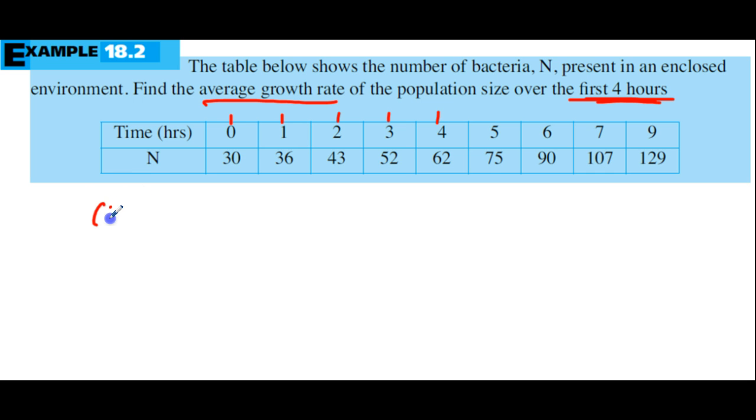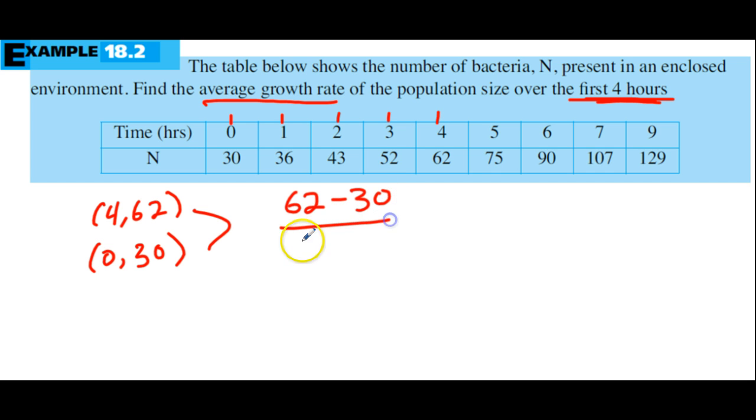So we have 4 goes to 62, and I'm just going to write it as points because it's a lot easier to plug in. And 0 goes to 30. So if we were to find the average rate of change, we have y2 minus y1 over x2 minus x1. So 62 minus 30 over 4 minus 0. So this is going to be 32 over 4, which is 8.